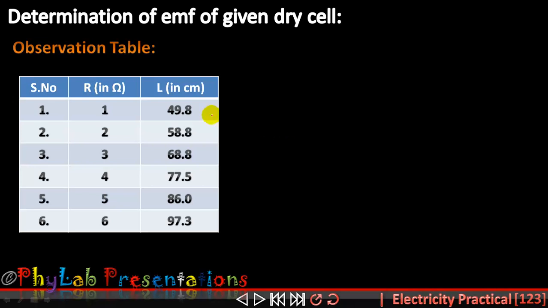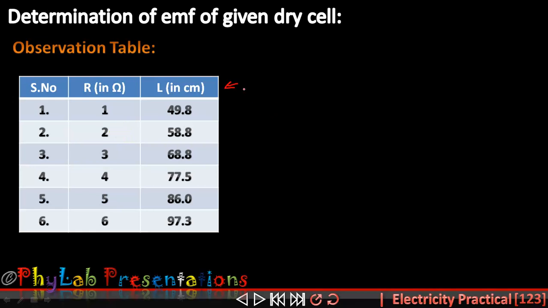If you remember, in the experiment for 1 ohm we got 49.8 centimeter as the balancing length. For 2 ohm the balancing length was 58.8 centimeter, and so on. And I have written them down in tabular form. So observation table means to represent all the data that you have calculated or obtained in tabular form.